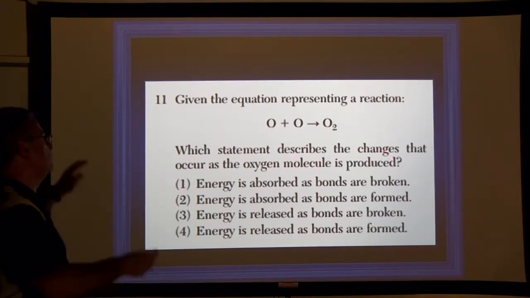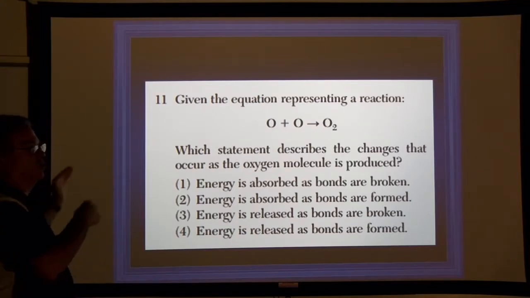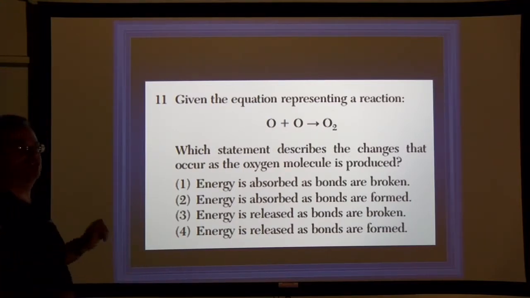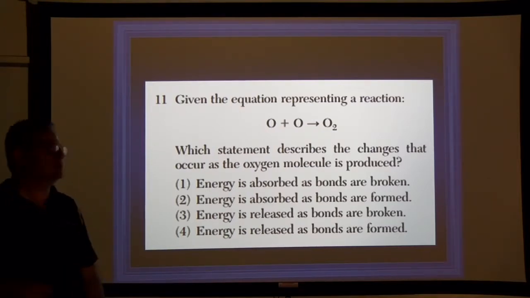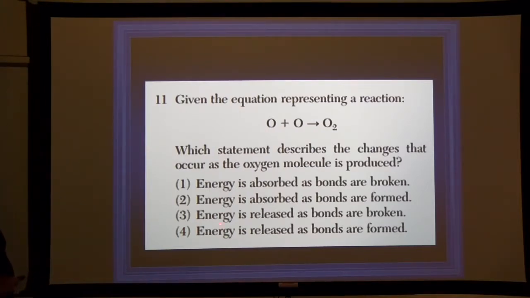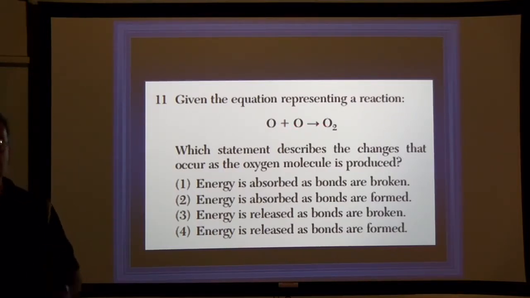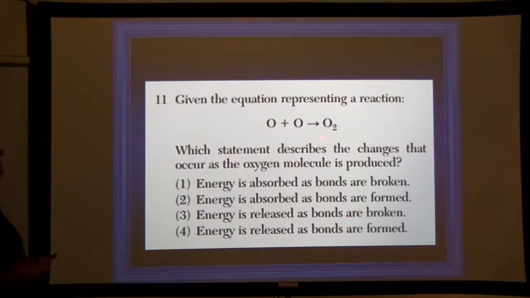So in chemistry, when you go from unstable to more stable, is energy absorbed or released? Released. So in the choices here, energy is released. So I've got 3 and 4 as possible answers. What did I do? Did I break a bond or did I make a bond? I made a bond. When you make bonds, energy is always released. The bonds are formed. Now I've got a molecule of oxygen.